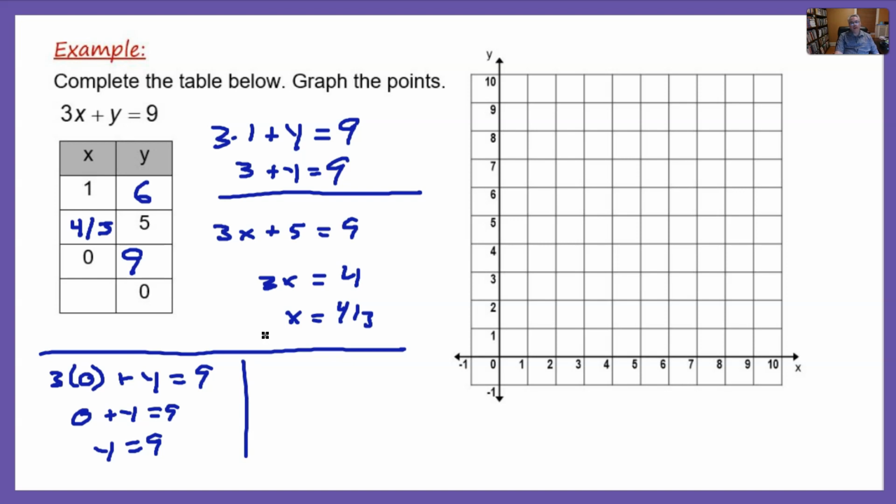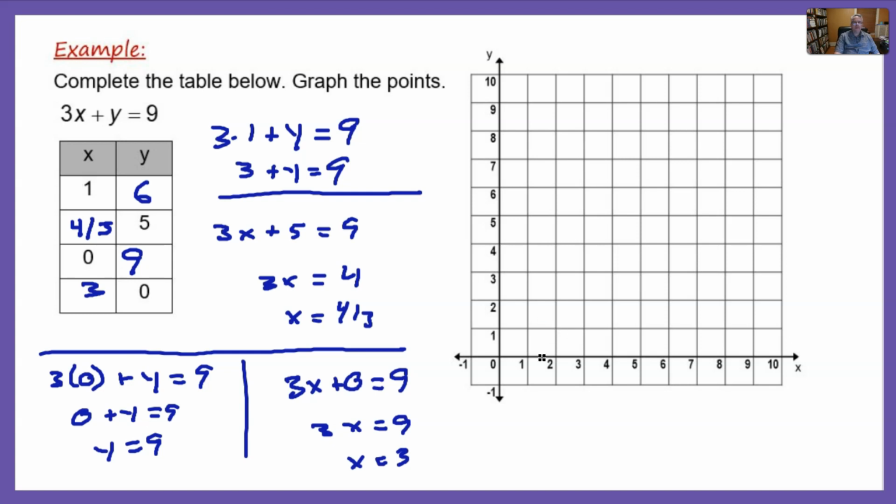So the idea is I can give you a value of x or y, and whichever one I give you, we can solve the equation for the other one and find our point. Okay, so when y is 0, we have 3x plus 0 equals 9, or 3x equals 9. If I divide by 3, I get x equals 3.